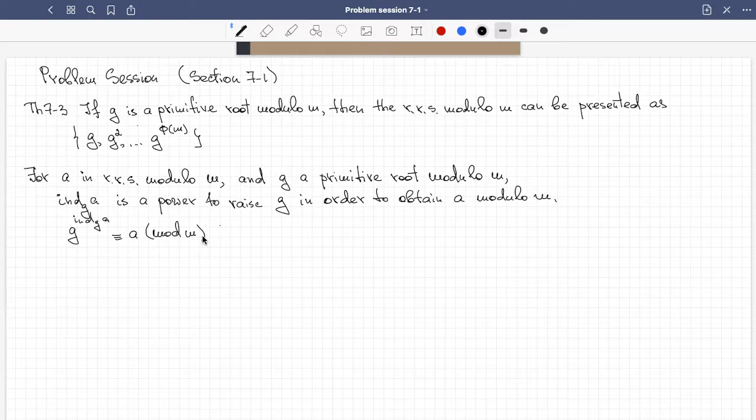Roughly, what is the meaning of this index? We take an element from the reduced residue system. This is one among them. This is a power of g. This power is called index a to the base g, index of a to the base g.